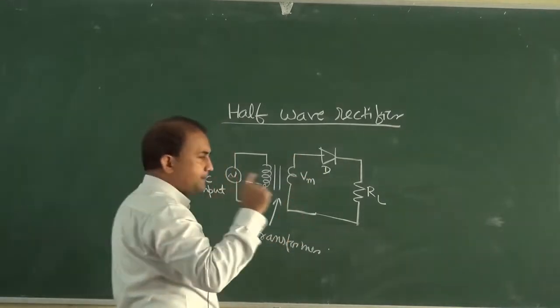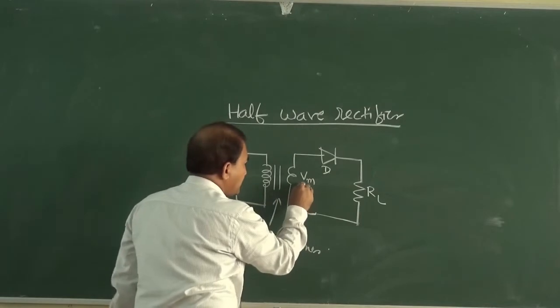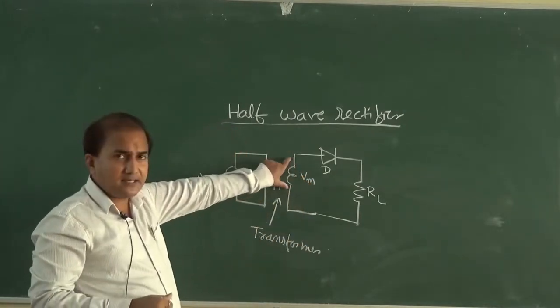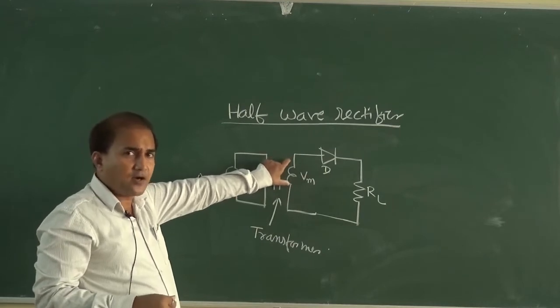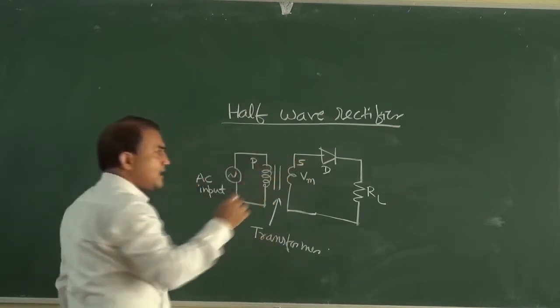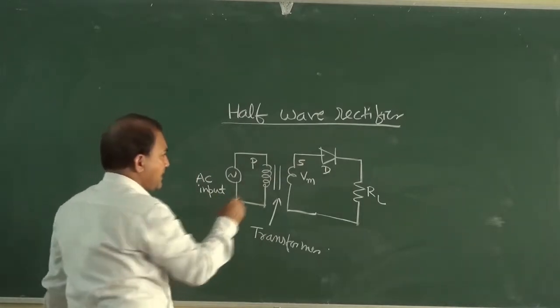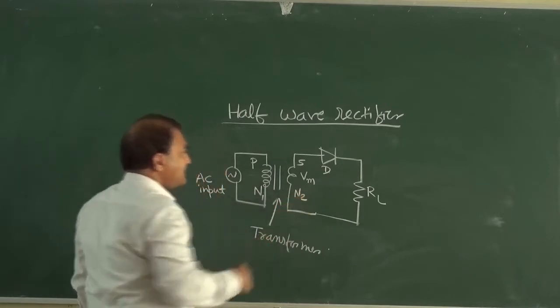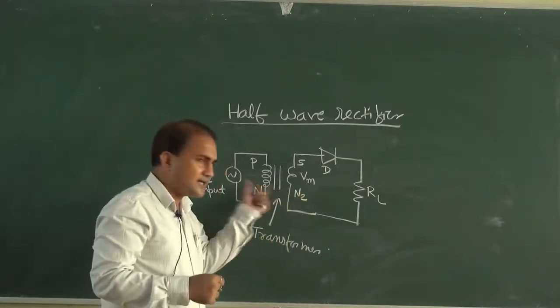Vm is the peak value of the AC signal that appears across the secondary of the transformer. This is primary side and this is secondary side of the transformer, and it has say N1 and N2. These are the turns ratios of a transformer.